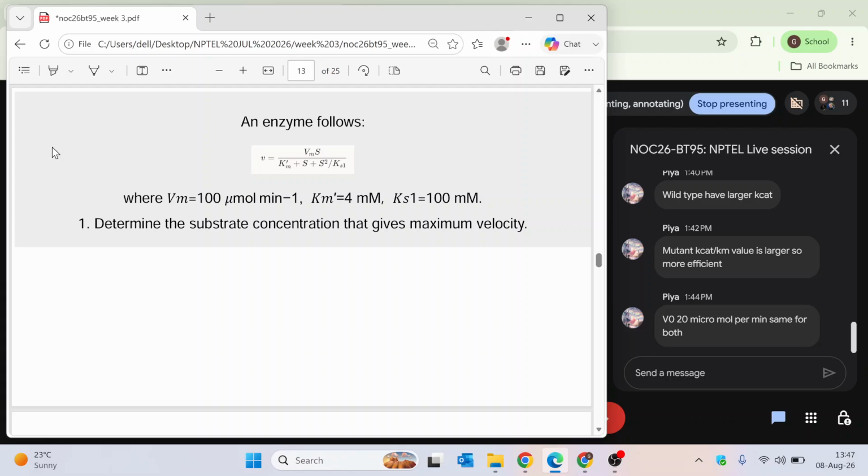You are given your Vmax, Km dash and Ks1 values. So determine the substrate concentration that gives maximum velocity. Very simple question. You are given the equation and the values as well. You just have to identify the substrate concentration that gives maximum velocity.